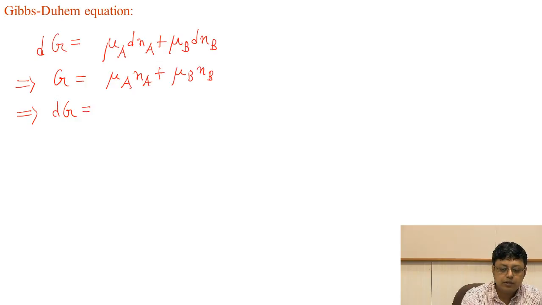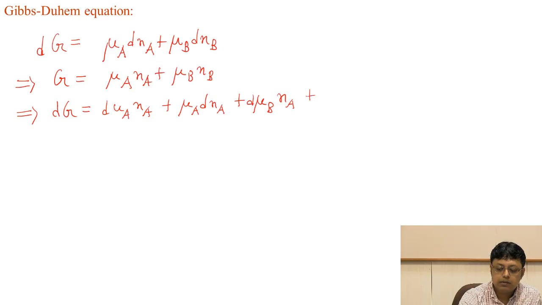If I apply the chain rule, it will be d mu A NA plus mu A dNA plus d mu B NB plus mu B dNB. But then you can easily see that these two terms appear here.